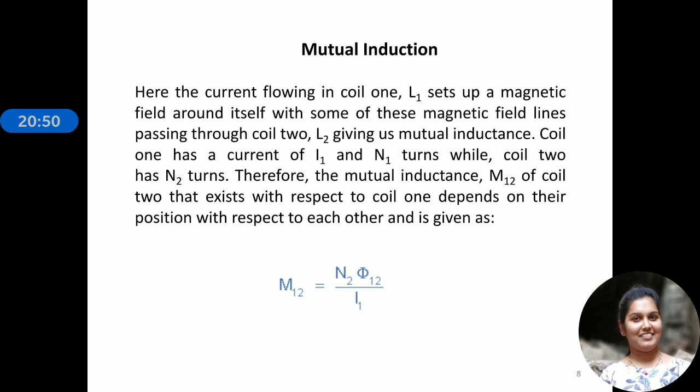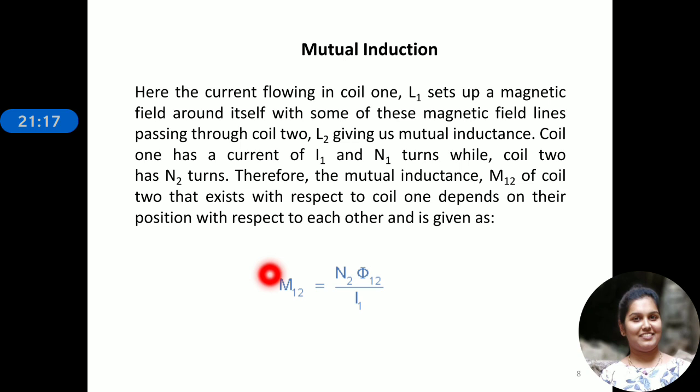So then the mutual inductance of coil 1 with respect to coil 2 can be defined as M21. Got the point? So now we have written M12 because of the first inductor L1, mutual inductance is developed in the second coil. That is why we write it as M12.